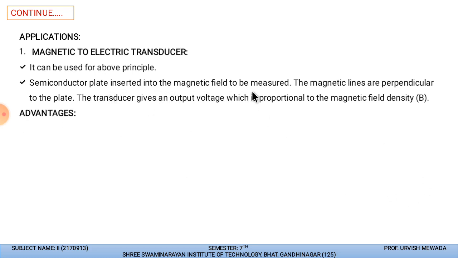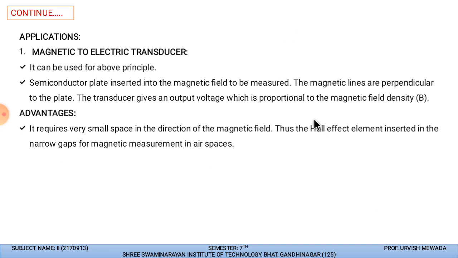The transducer gives the output. This is the Hall effect principle. We place the current carrying conductor in the magnetic field, and at the perpendicular side to the magnetic field we get the electrical output. This is the working principle of that transducer.